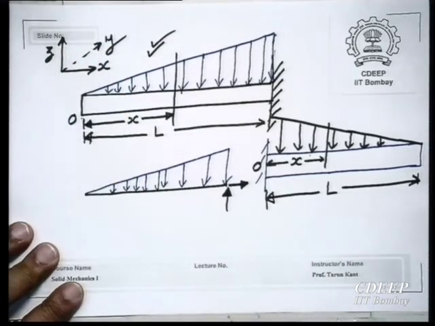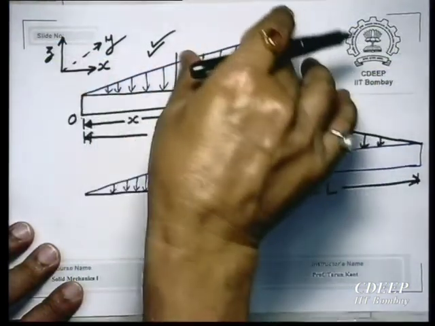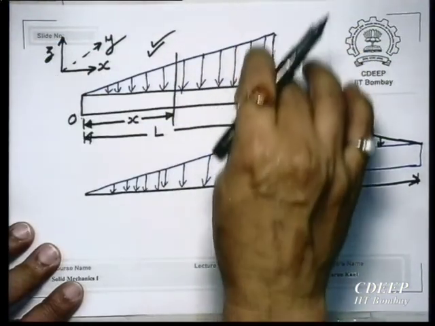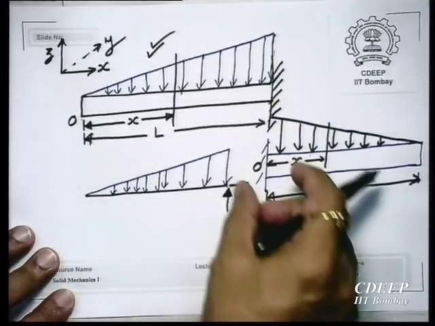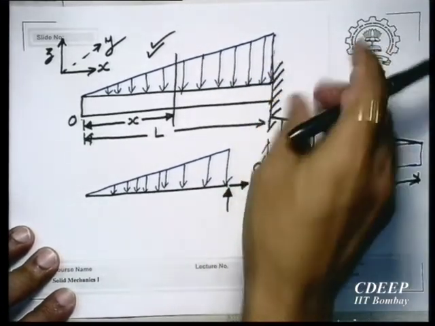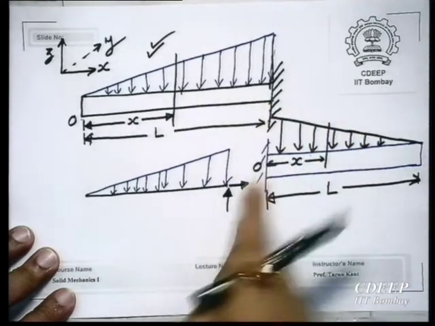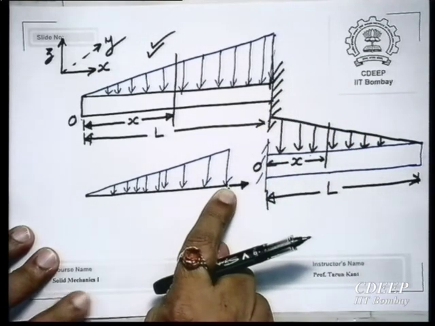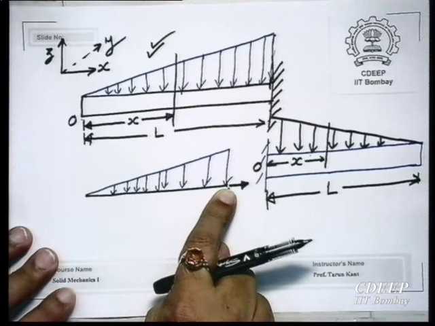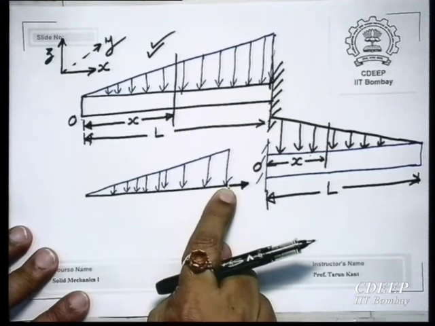Although we are not writing y specifically, it is bending moment about y axis. Now, I do not want to worry about what will be the nature of the bending moment. Because I have introduced a cut and I am drawing the free body diagram, I will take positive bending moment. On this face, what is the positive bending moment?